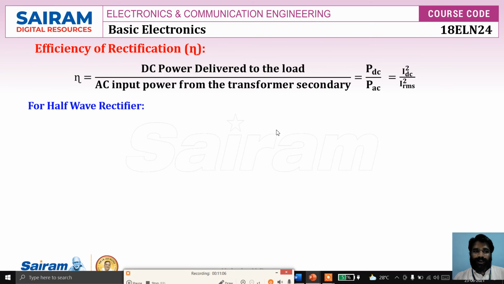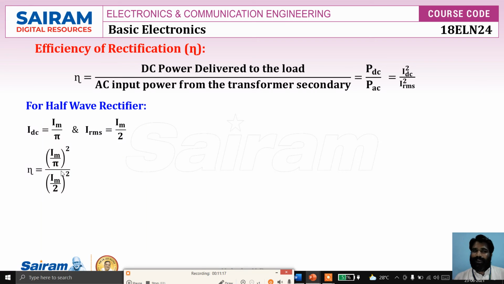Now we'll consider the half-wave rectifier. For the half-wave rectifier, we know IDC is equal to Im by pi, and IRMS is equal to Im by 2. Substitute these into the expression for efficiency. It reduces to this form, and we know A by B divided by C by D is equal to A by B into D by C. So it can be reduced to Im square by pi square into 4 by Im square.